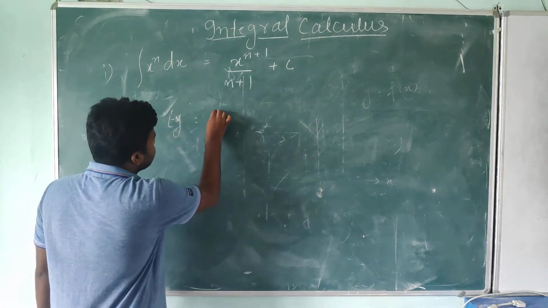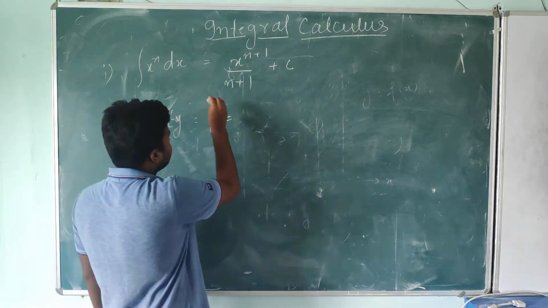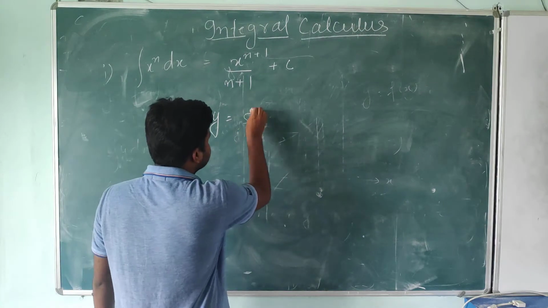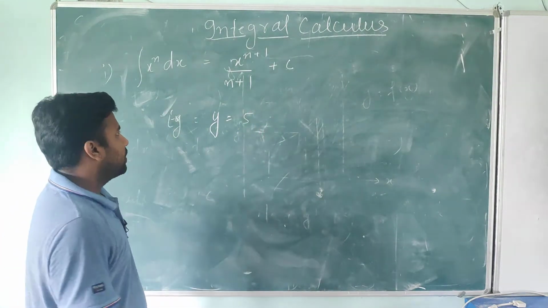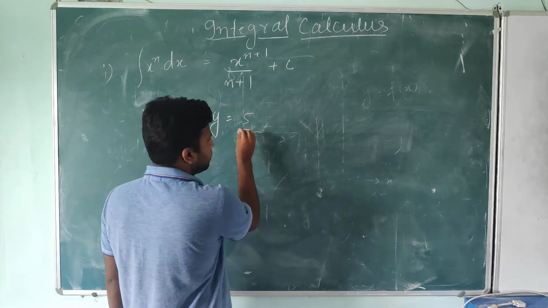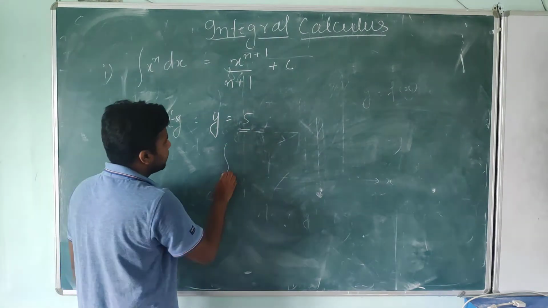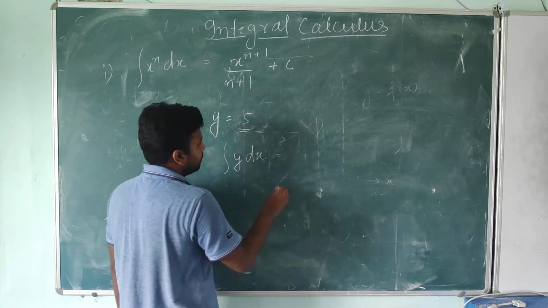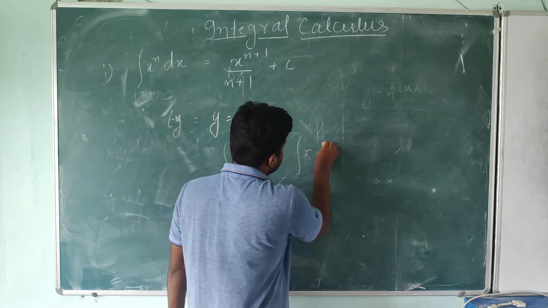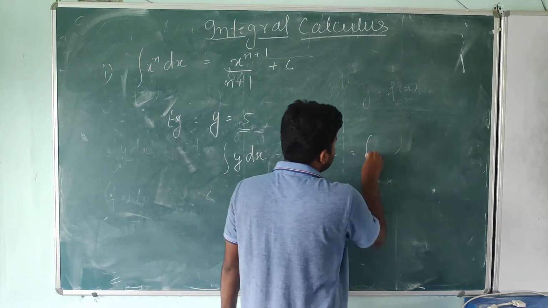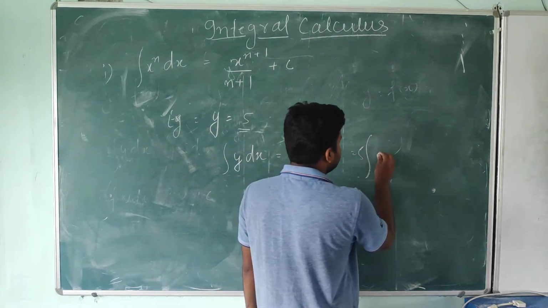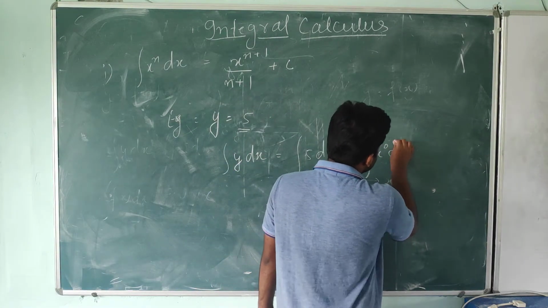So if I am taking y equal to 5, you can say it's a constant function. If you are integrating y dx, what will you get? Integration of 5 dx, or you can write integration of 5, so the constant I am taking outside, and I am writing x to the power 0 dx.